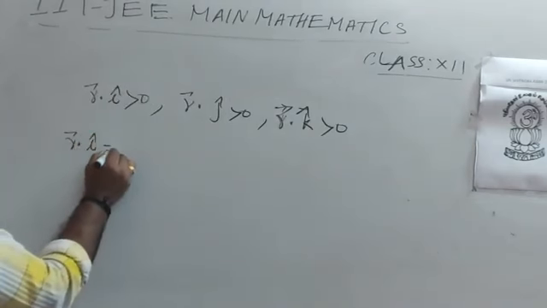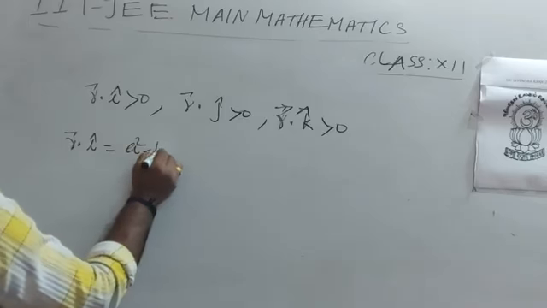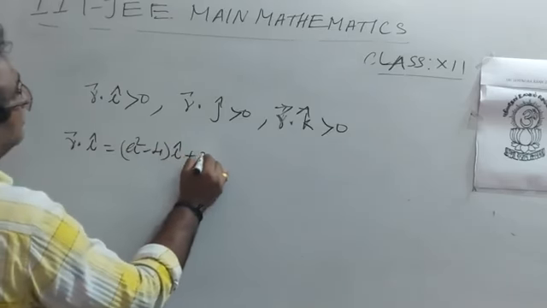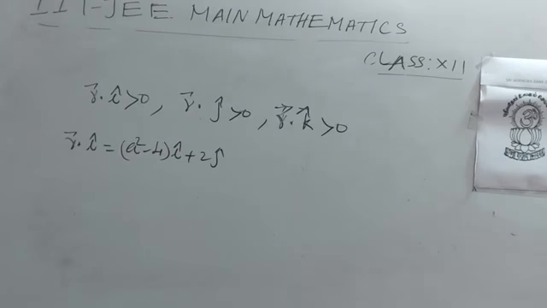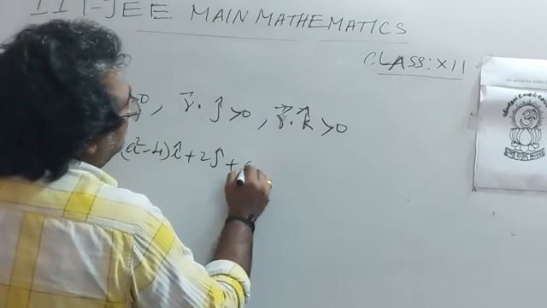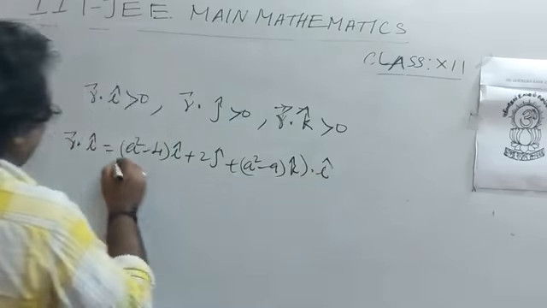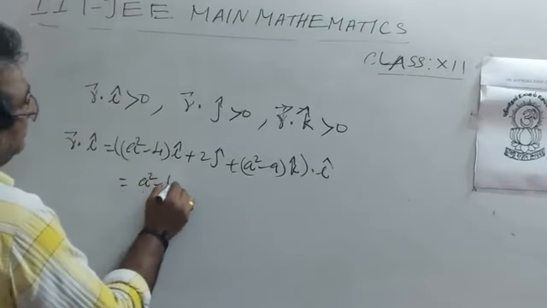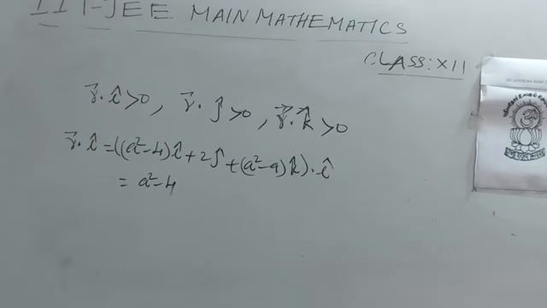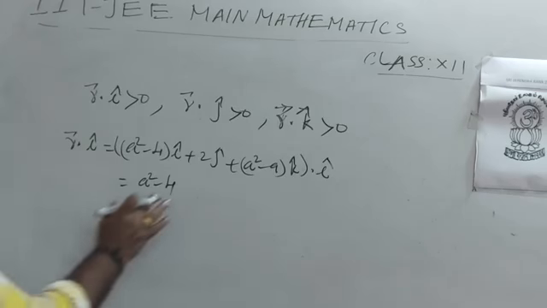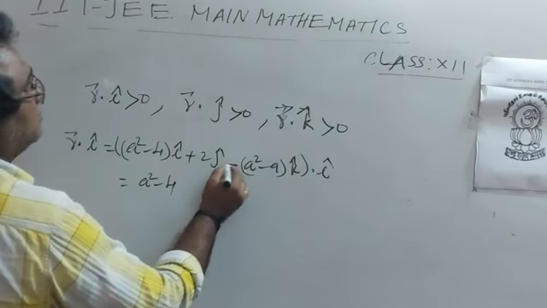r vector dot i vector is (a square minus 4)i plus 2j plus (a square minus 9)k dot i vector, equal to a square minus 4. Similarly r vector dot k vector is minus of a square minus 9.